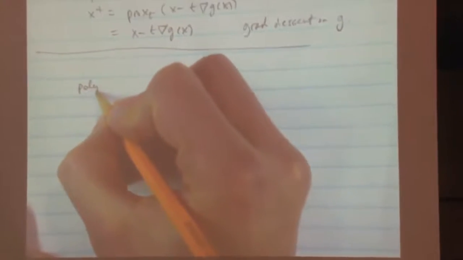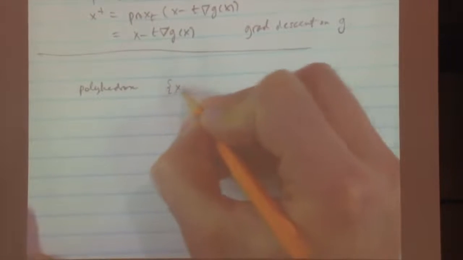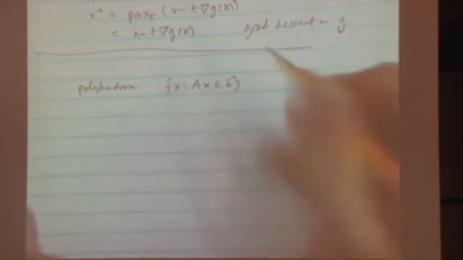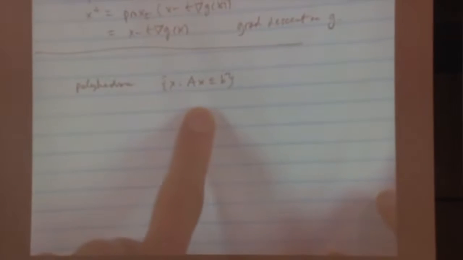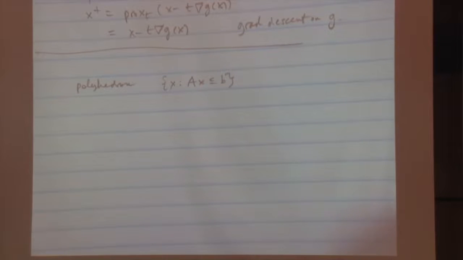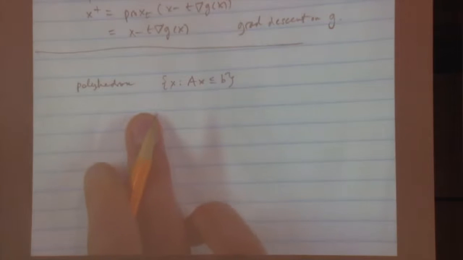But just as an example, if I had an arbitrary polyhedron, the set of all x such that Ax is less than or equal to b, for just an arbitrary matrix A, then this is actually very hard to project onto in general.